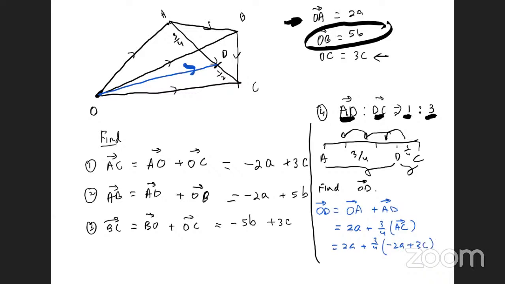And you have to multiply it out, right? I don't have any more space there, but that's basically how you do questions like this. I don't have much more space to multiply. Oh yeah, I could. So it's 2A, and 3/4 of minus 2A will be minus 6 on 4A. Add up that. And here is 9 on 4C.